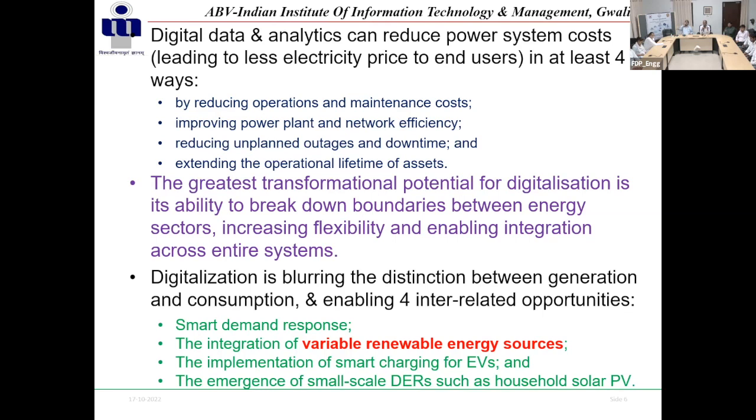Suppose there is a shortage of power, you can sell to the grid, especially now with electric vehicles. It is thought that you come and drive from your home to office, park in the parking lot, connect, and have a device which will forecast the price. It can charge when the price is low, and it can discharge when the price is high.